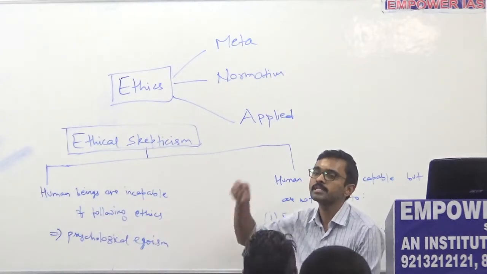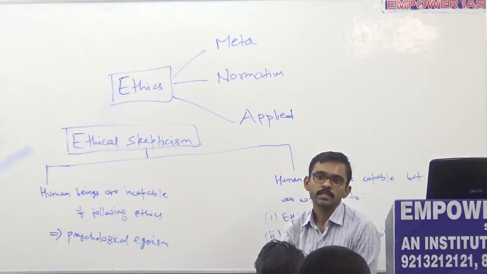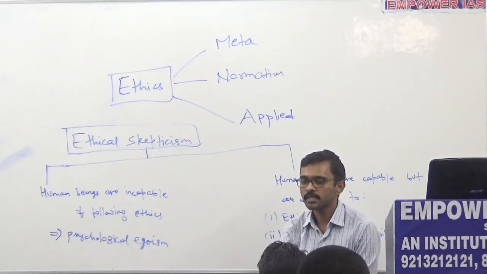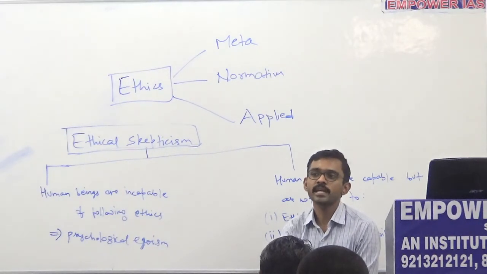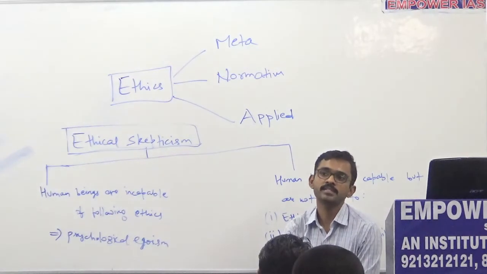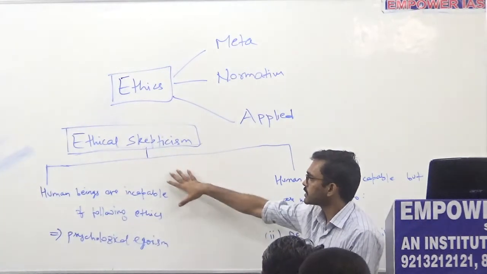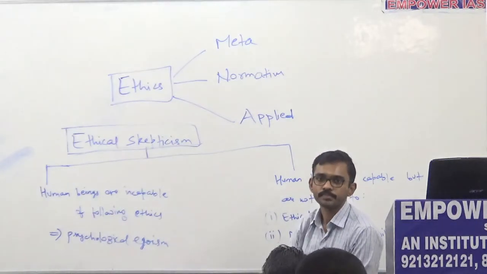They believe that human beings are incapable of following ethics because they are inherently selfish. They want to maximize their self-interest. Okay, and there is no such thing as a selfless act. Altruism is an illusion. That's why they are skeptical about ethics.